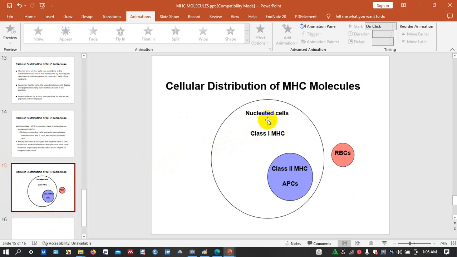Class 1 MHC is for nucleated cells. Please learn this very well. Know the type of cells that class 1 MHC is found on. Then class 2 MHC is found on antigen presenting cells. That means they are on the macrophage, on the B lymphocytes, and also on the dendritic cell.